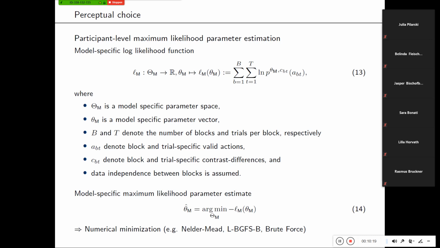So for this case study, Nelder-Mead, this derivative-free minimization, works quite well. We will see one example where it doesn't quite work, where we actually need some constraints and where some bounded optimization is better.